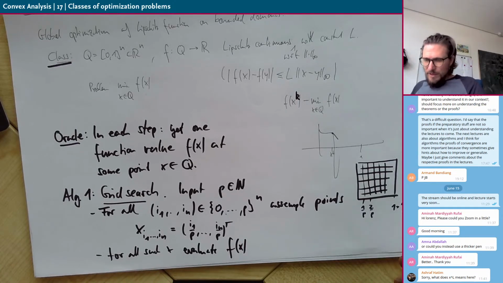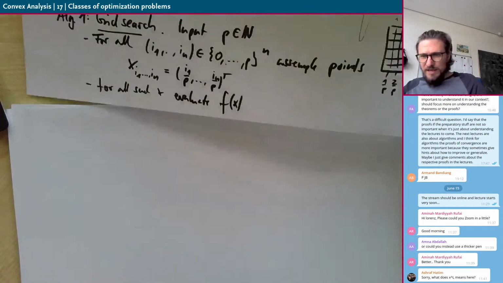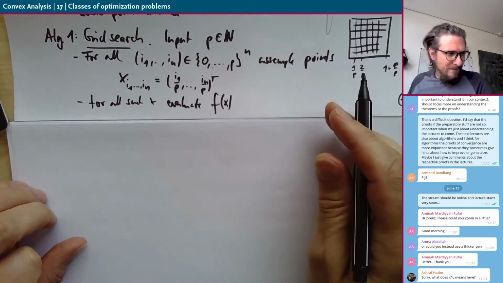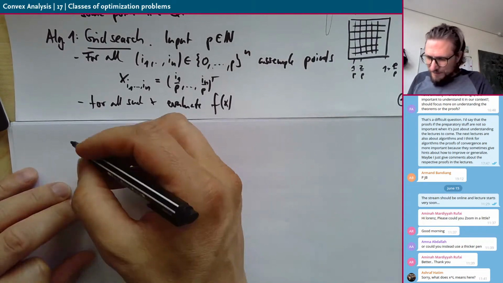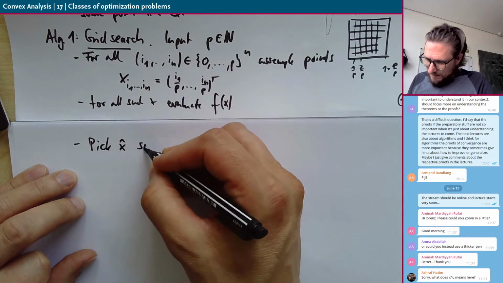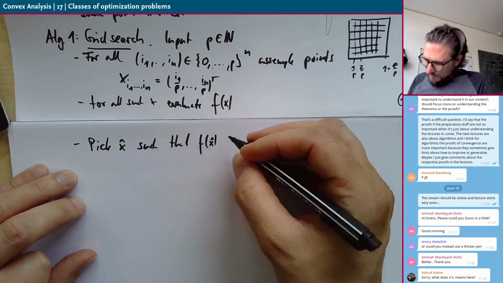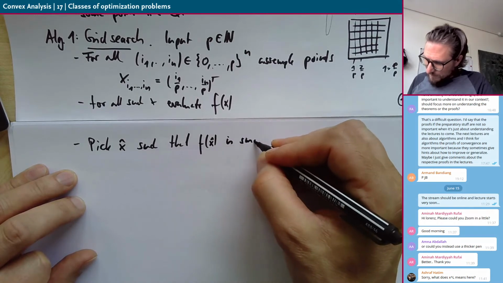So we just look at the objective function at all the grid points, check out all the function values, and then pick x hat such that f of x hat is smallest.